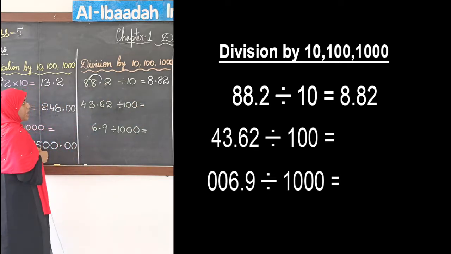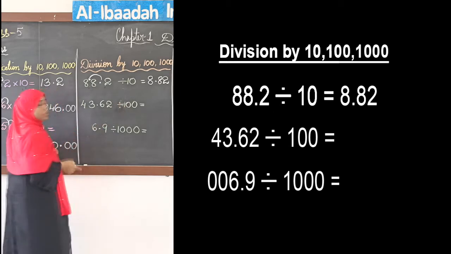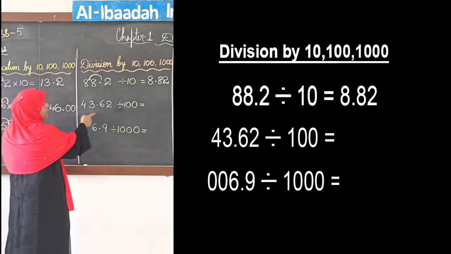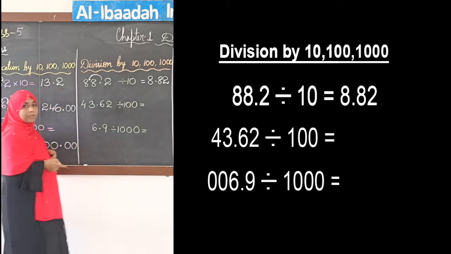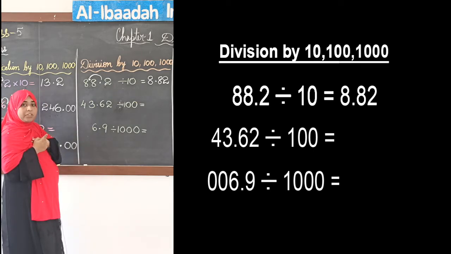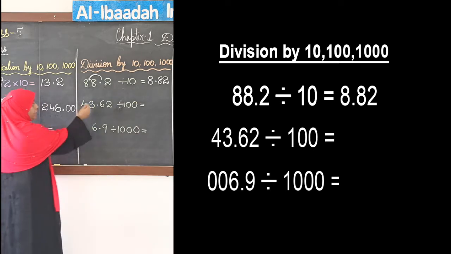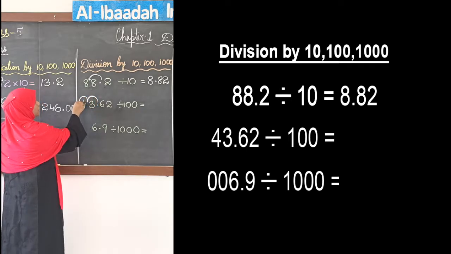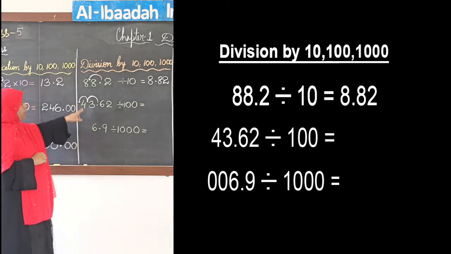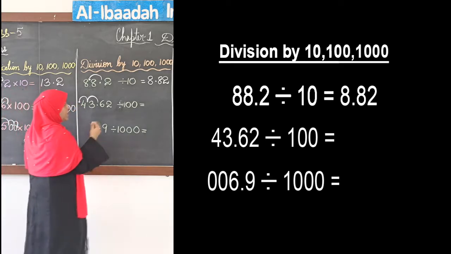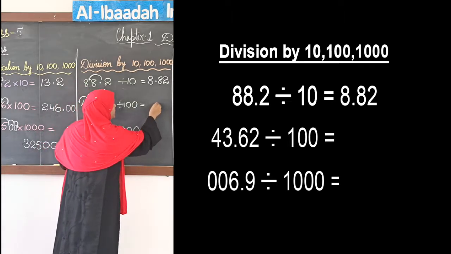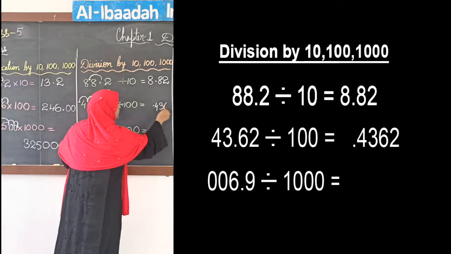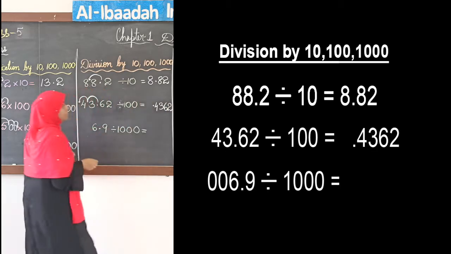So, we will see what happens when we have 100. 43.62 divided by 100, 2 zeros. So, this point will shift 2 places to the left. From here, 1, 2. You see the point has shifted 2 places towards the left and it has come before 4. So, the answer that we will get is 0.4362.